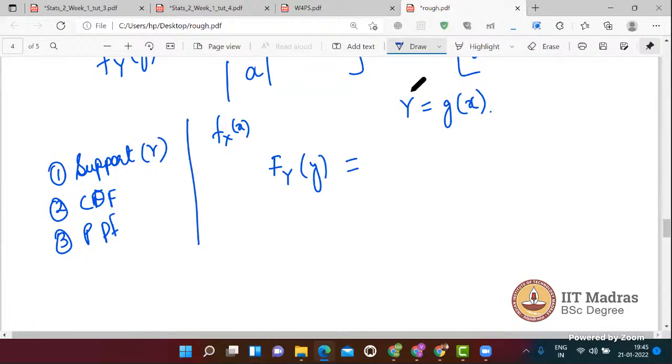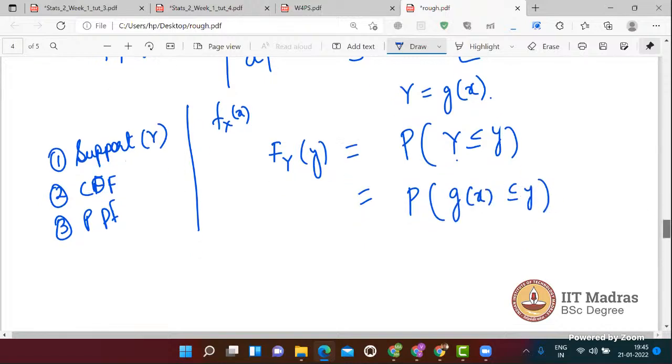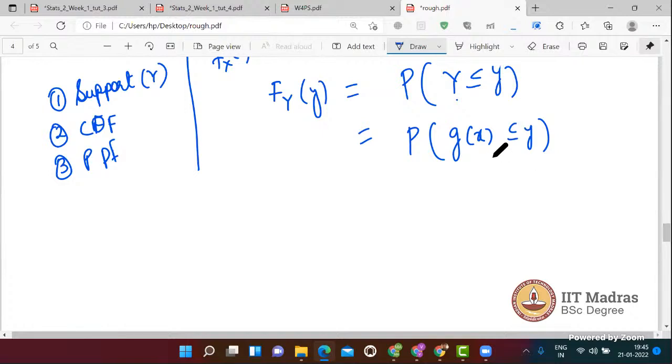If that function is not satisfying our conditions, what you can do is write like this. This is what the CDF is. Now you can write that y in the form of g of x. And now you have to find all the values of x for which g of x is less than or equal to y.